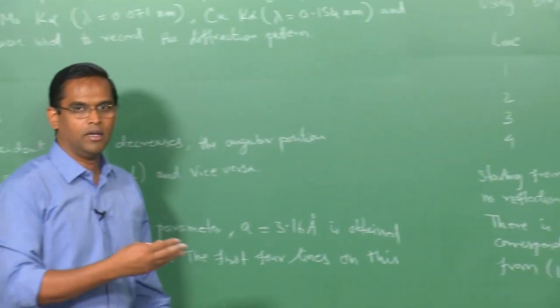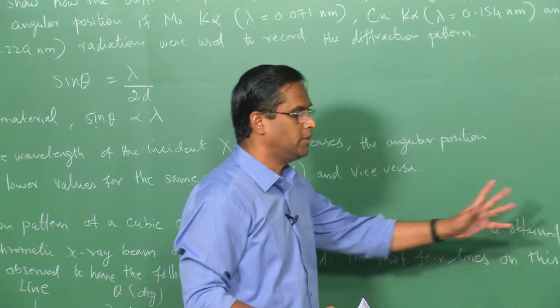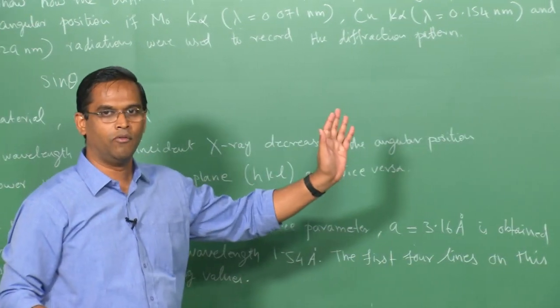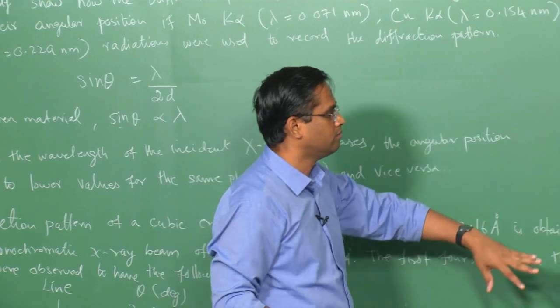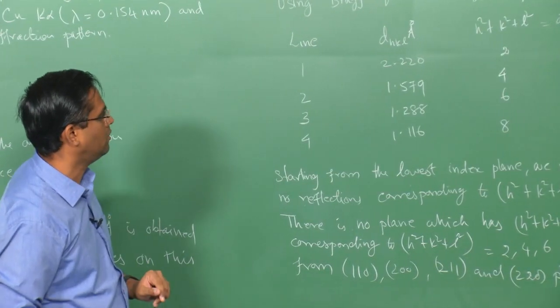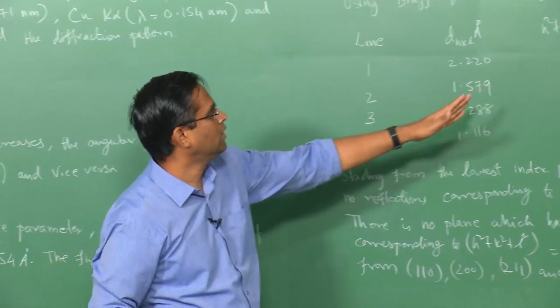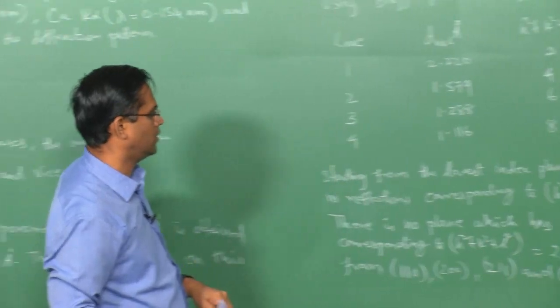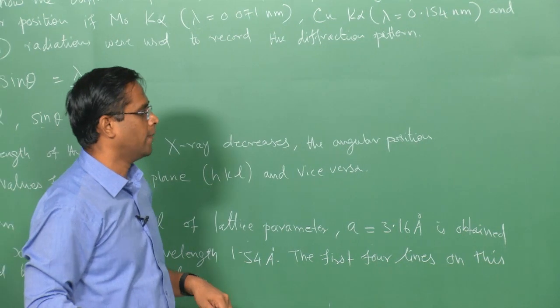So, it is the same thing that we followed in the selection rule. We now find the d spacing first and then assign the Miller indices. The rest is all the same.